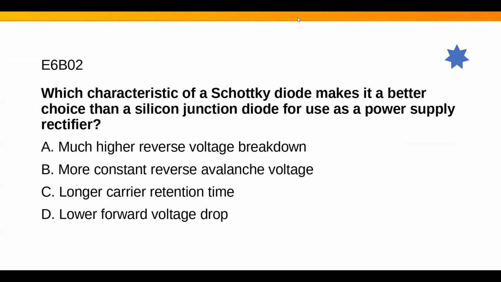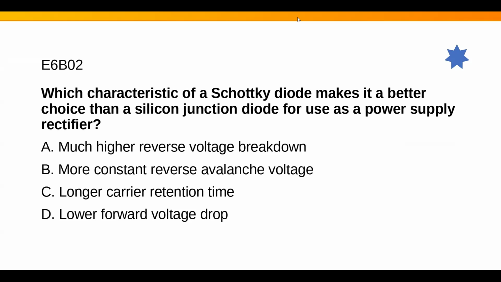Which of the following is a common use of a Schottky diode? It's a detector. We hadn't talked about negative resistance things. Well, that's what you get in a switching power supply.